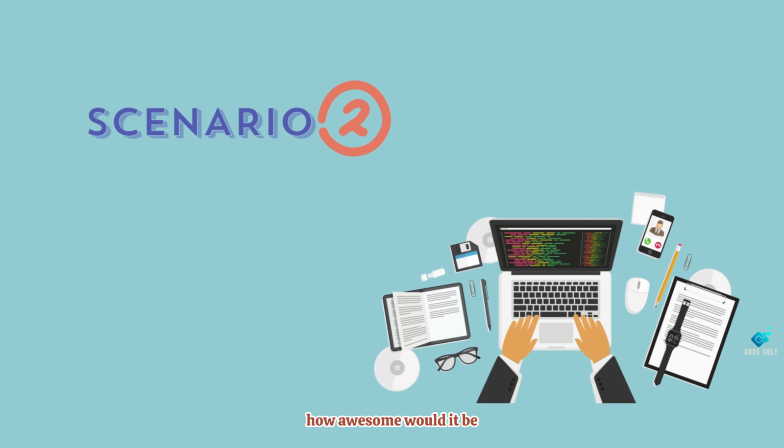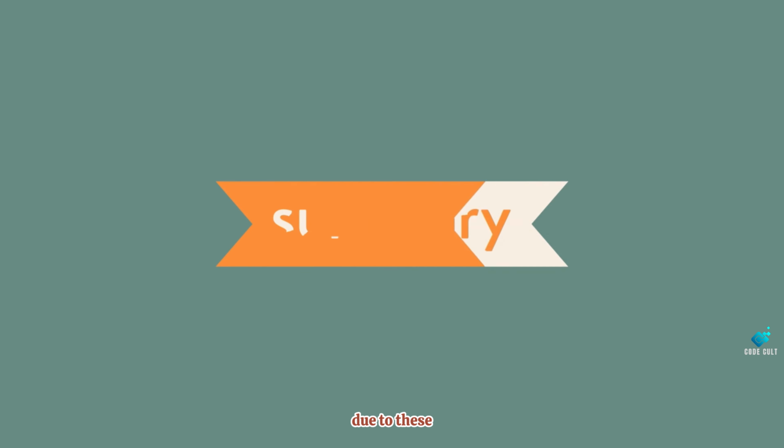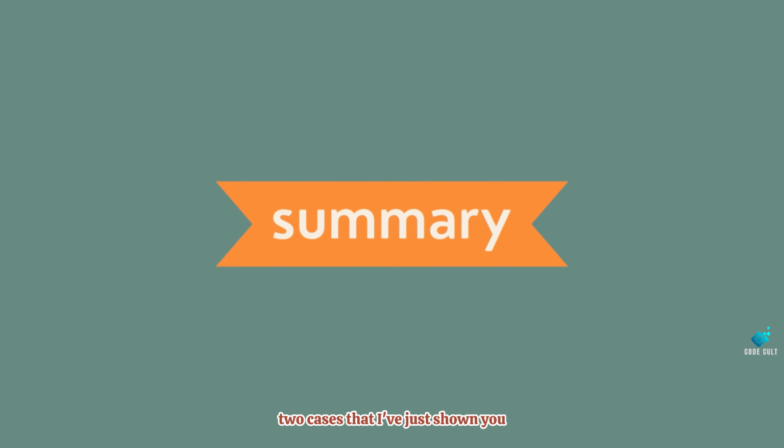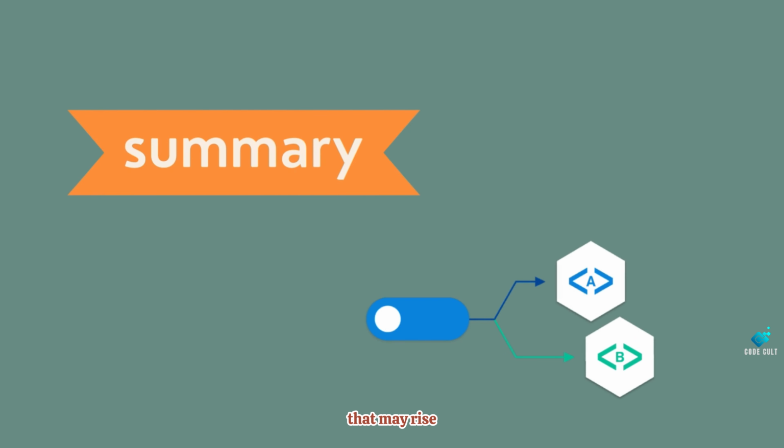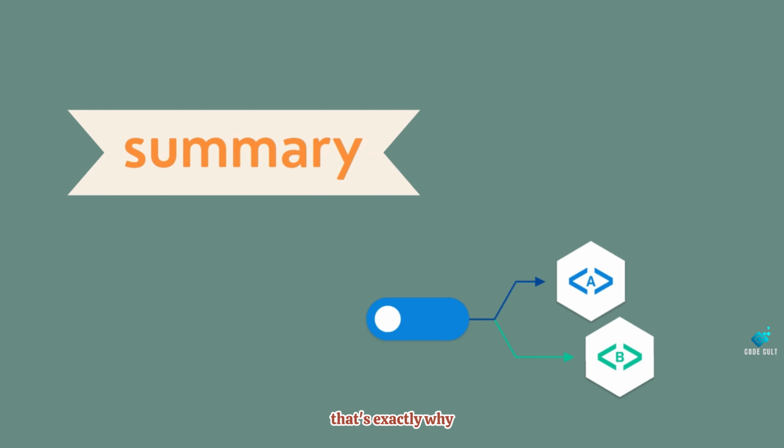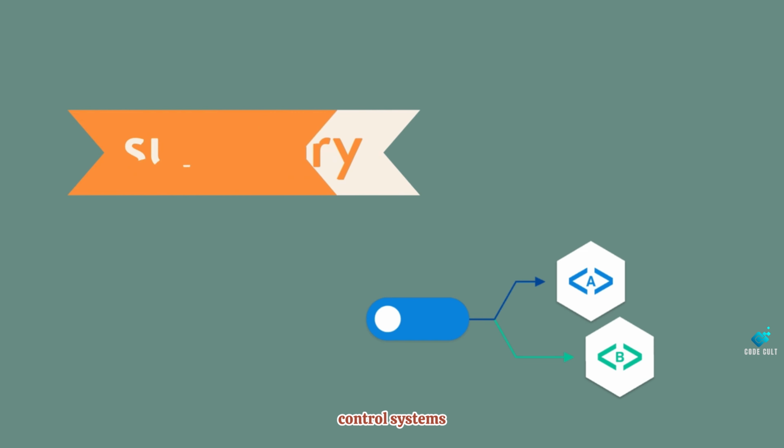How awesome would it be if we could track all the changes that anybody does in our project, right? So, to summarize, due to these two scenarios, two cases that I've just shown you, and a couple of additional problems that may arise if not developing appropriately, that's exactly why you should be familiar with version control systems.